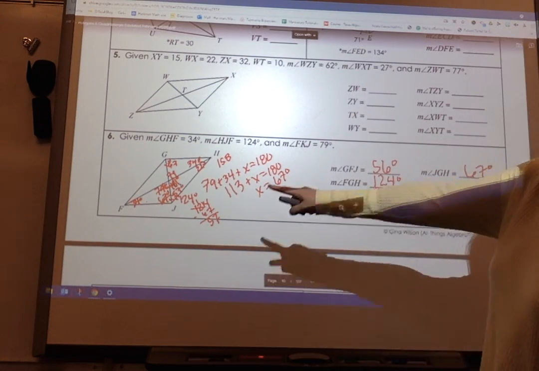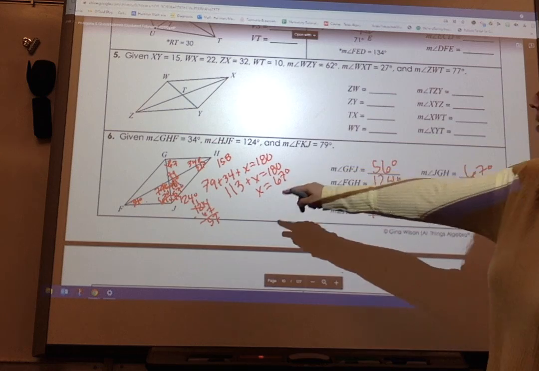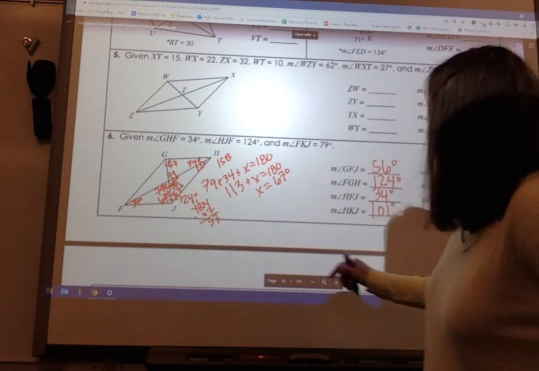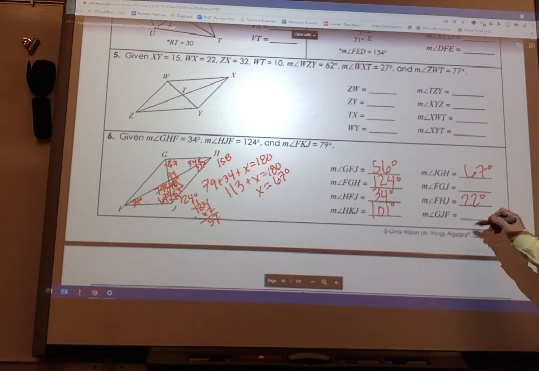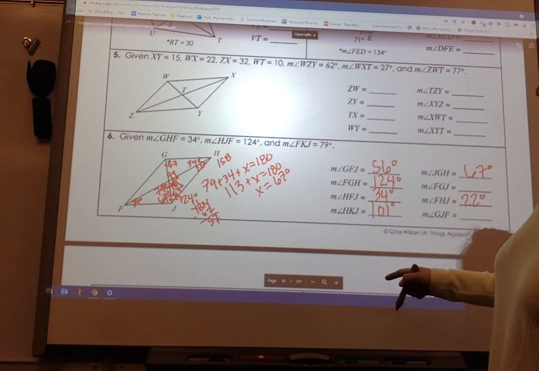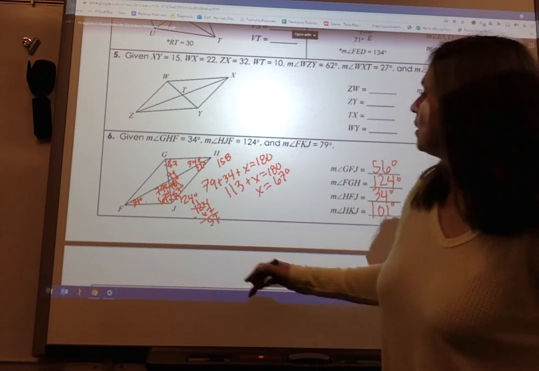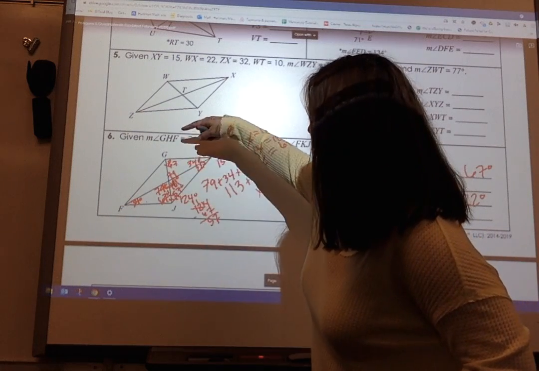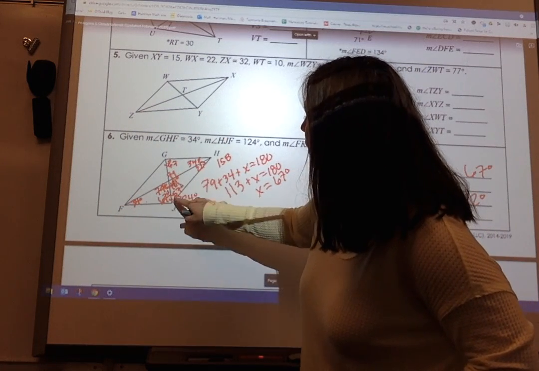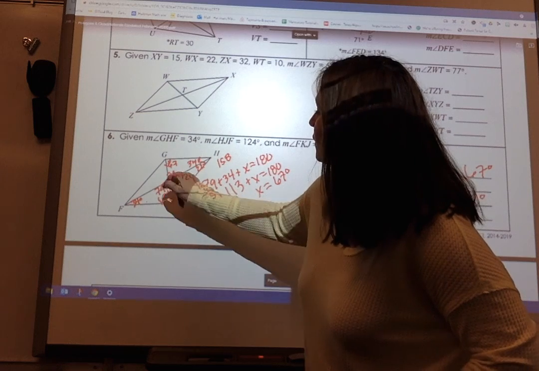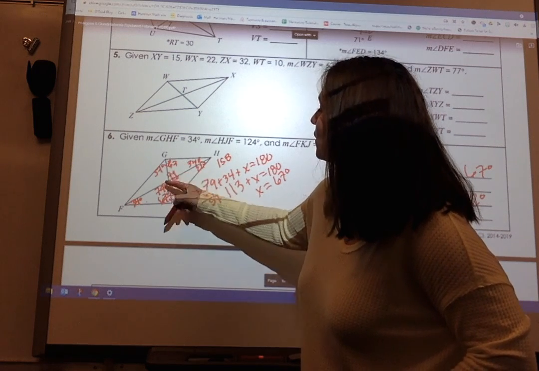So FHJ is going to be 22 degrees, and I skipped over FGJ. Oh, I'm looking for this one. Okay, so alternating interior. If that's 57, this guy is 57.